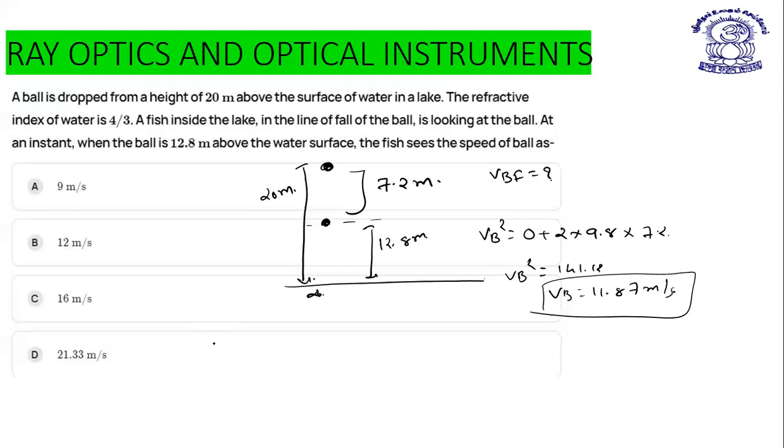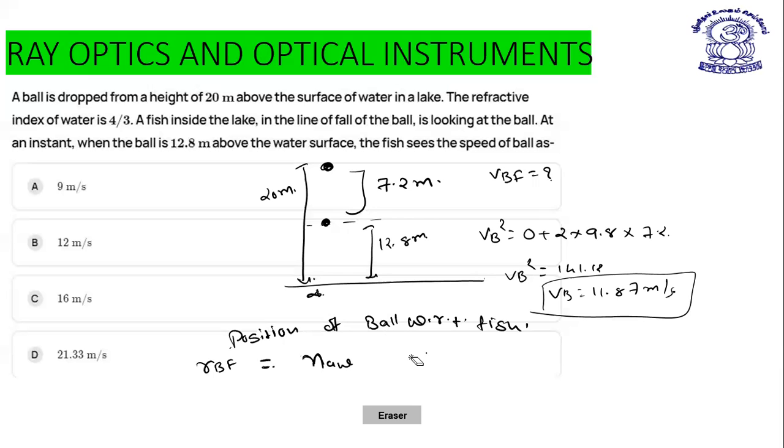So the position of the ball with respect to the fish will be equal to the refractive index of air with respect to water into 12.8, or into the position of the ball y.